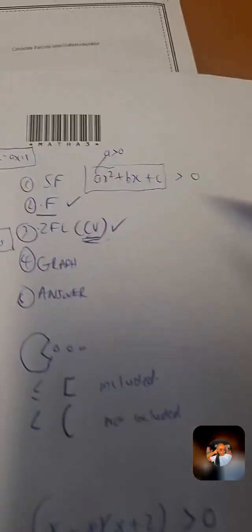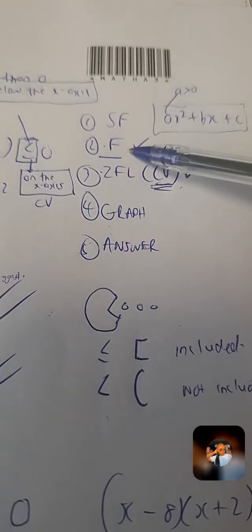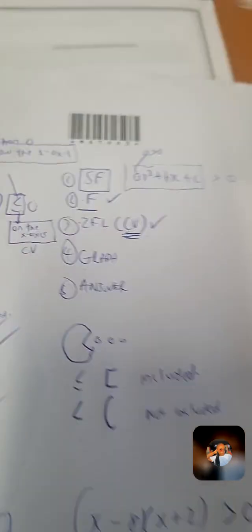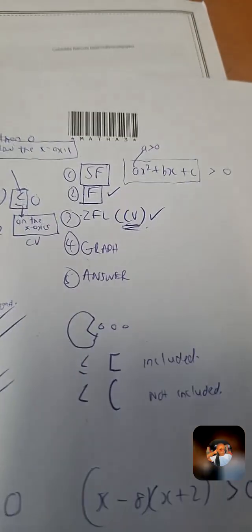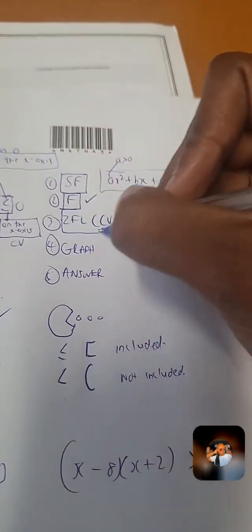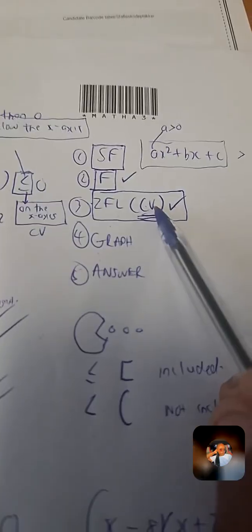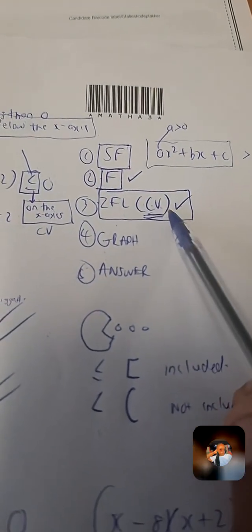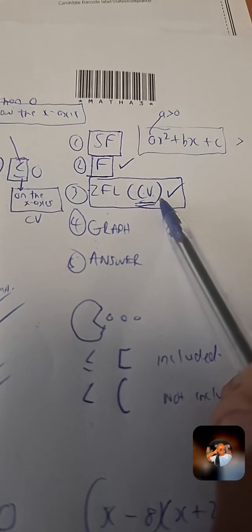As I said to you, when you are answering a question on critical values, on inequalities, the equation must first be written in standard form. Then you get your factors. Then you get your critical values. What are critical values? I do understand and I know critical values.